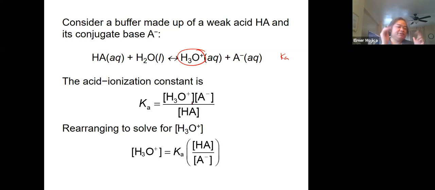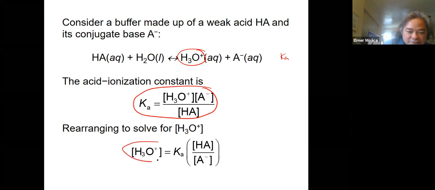Now, what if instead of that arrangement, we solve it in terms of the hydronium ion concentration? And what do we do? Okay, so we rearrange it in this arrangement, and then we get the negative log.